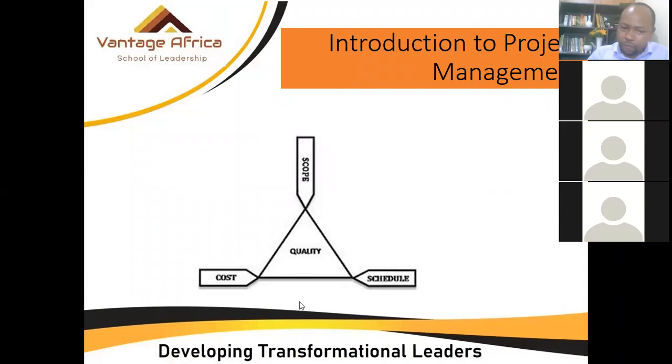Now, I want to stop sharing for a minute because I want to say something very important. The work of a project manager is to manage those three components: scope, schedule, and cost. Your work as a project manager is to manage those three.